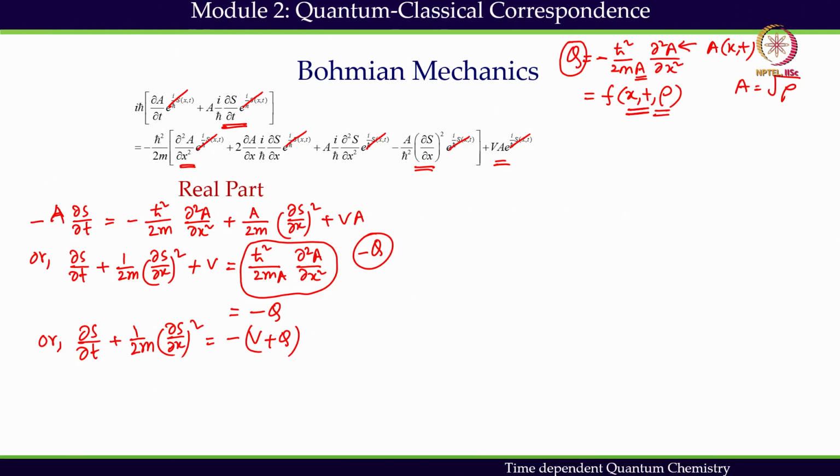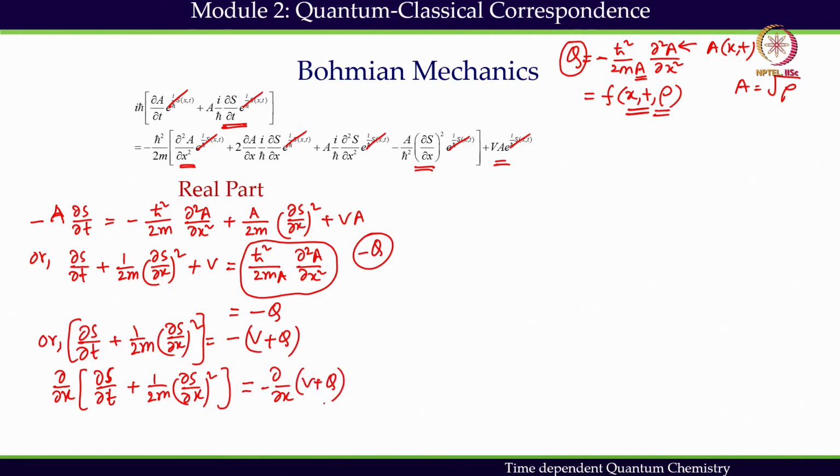Now, we will take the position derivative of this entire part. If we take that, plus 1 by 2m is going to be minus the position derivative of V plus Q. V is the potential term, we remember that.